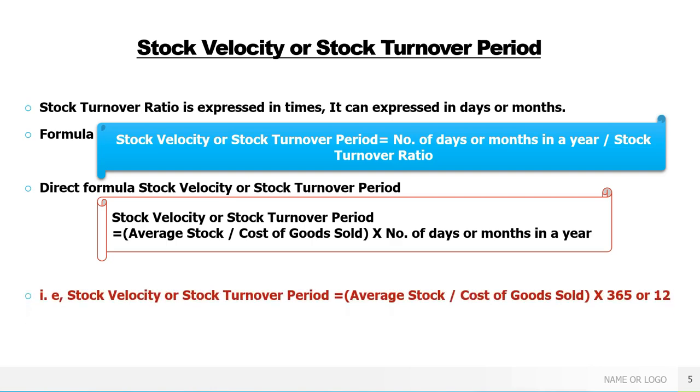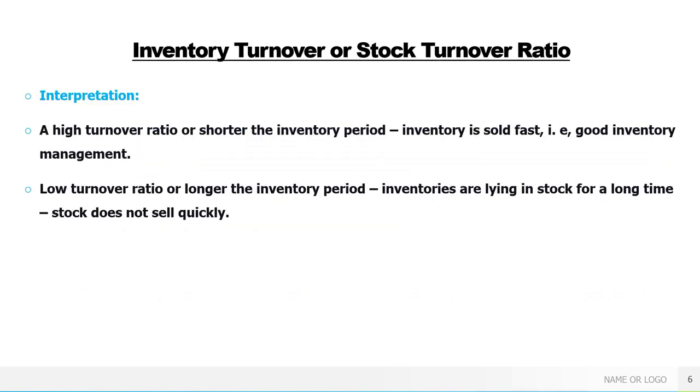Next we look at the interpretation of inventory turnover or stock turnover ratio. A higher turnover ratio, or a shorter period of inventory turnover, indicates that the inventory is sold very quickly, and it indicates a good inventory management system followed by the business.